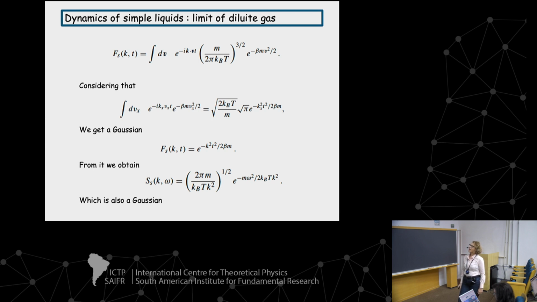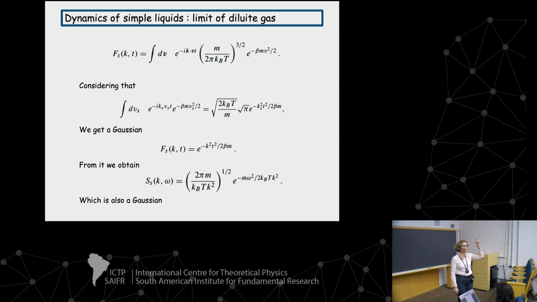So F self of kt is a function, you will see it at the end of this presentation on the Brownian regime. It's a function that decays, okay? Because at the beginning, I am the particle who is at t equal to 0, r equal to 0, and of course I am correlated with my position at the most.